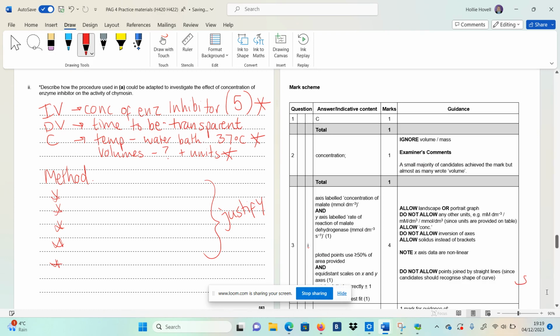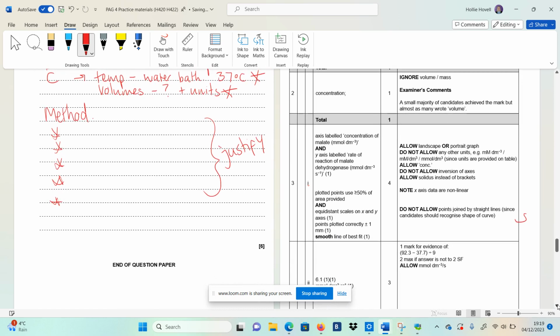When you get to the end of your method, it's going to be a good idea to always say that you'll repeat each one 3 times. You're going to calculate a mean of the repeats. That's to make it more reliable.